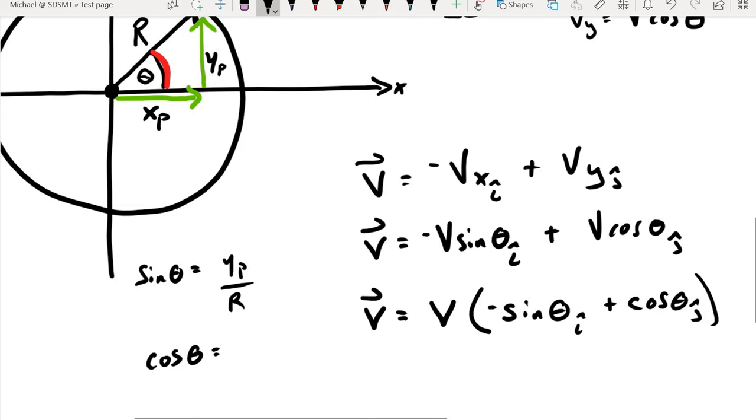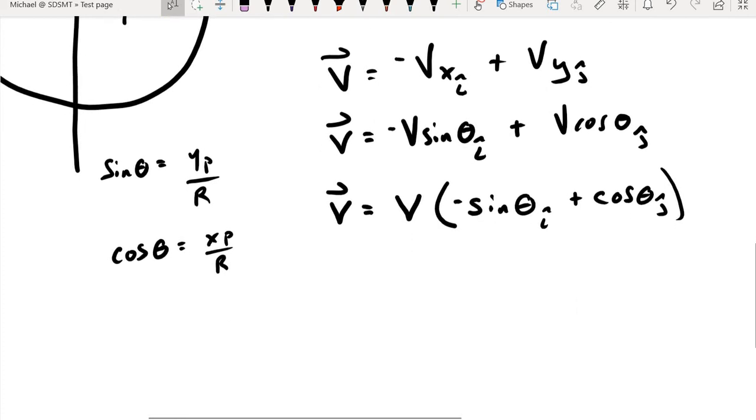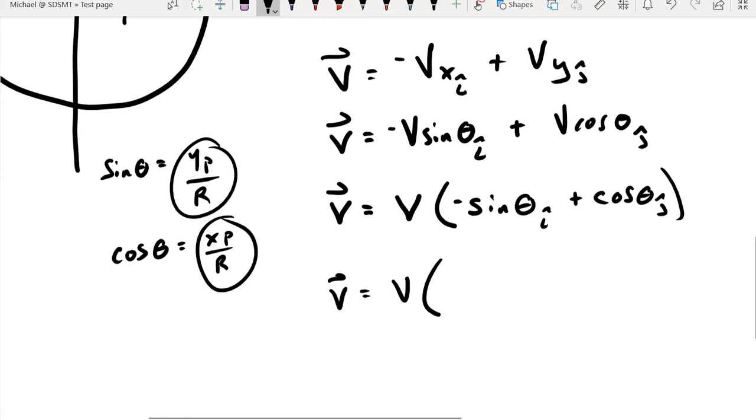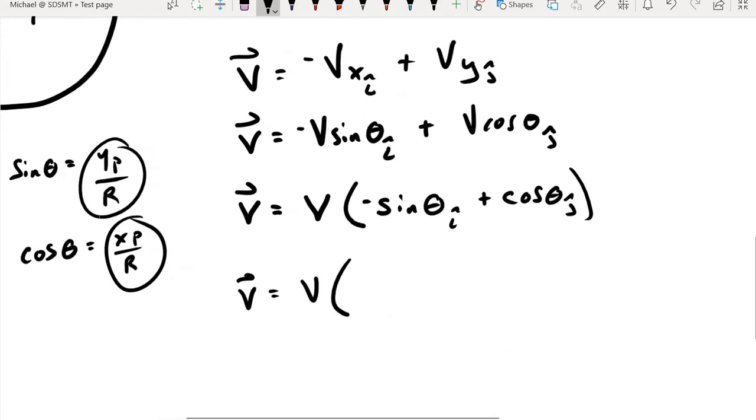The definition of cosine with respect to the r triangle is adjacent leg over hypotenuse. And so we can come into our velocity expression and rewrite sine and cosine as the ratios of those legs from the radius triangle.